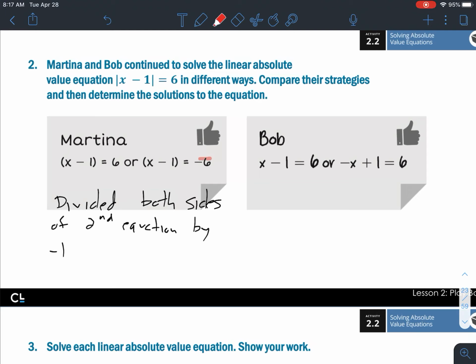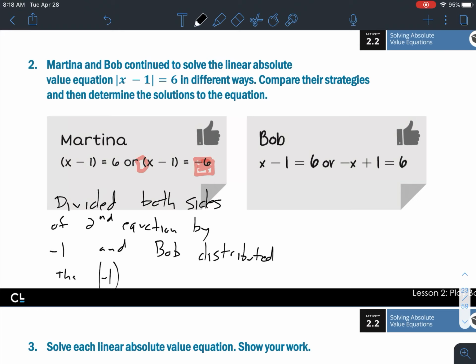That's how she got that there instead of putting the negative right there. And Bob distributed the negative 1.